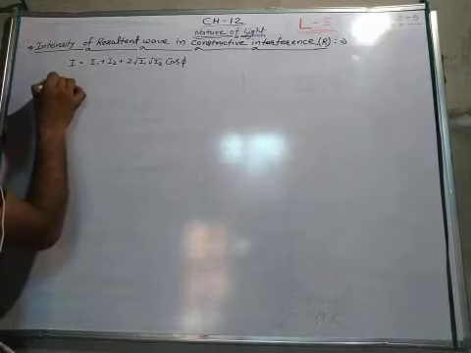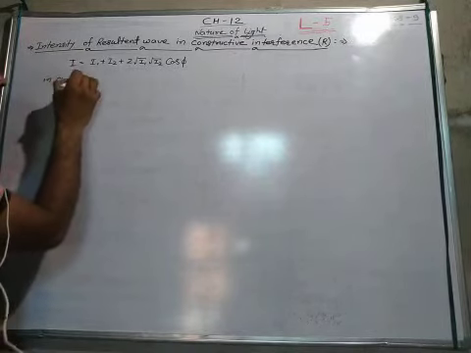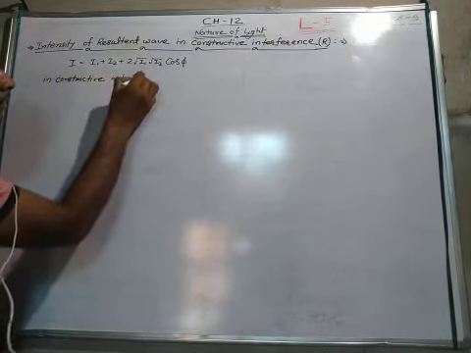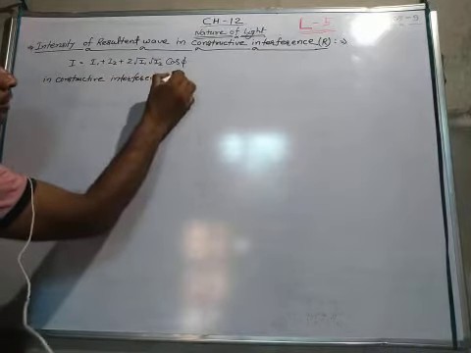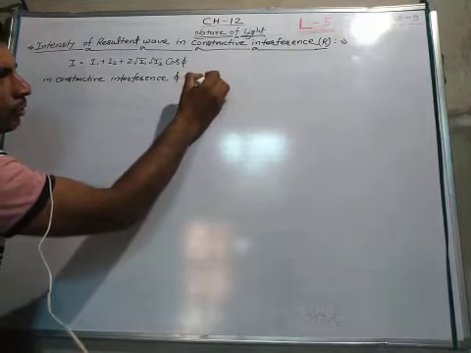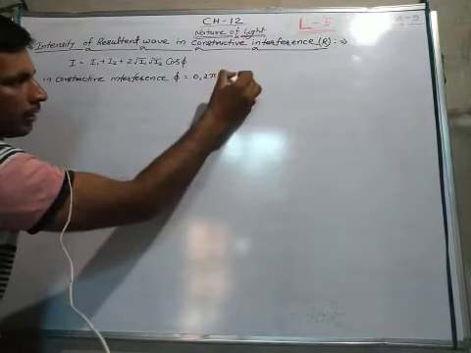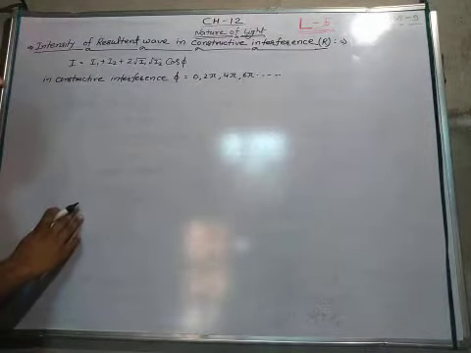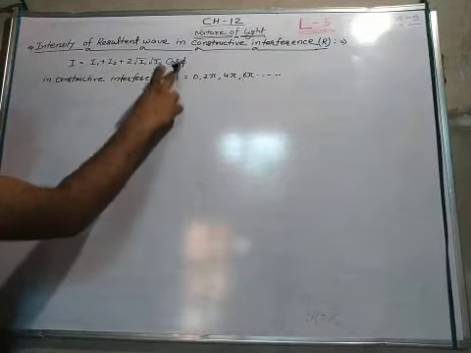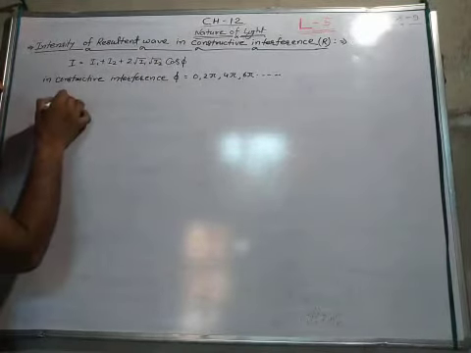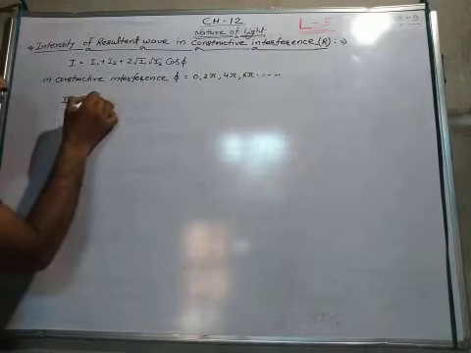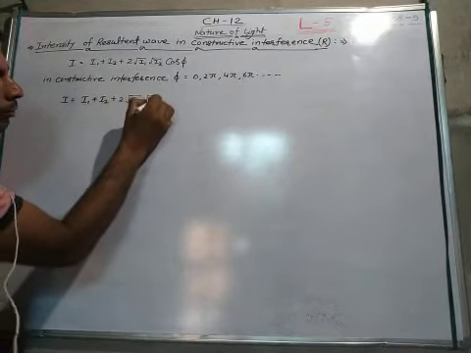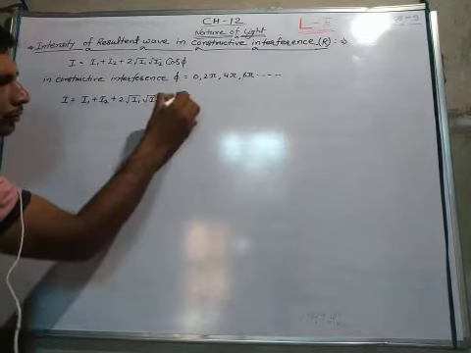In constructive interference, phi is equal to 0, 2 pi, 4 pi, 6 pi, and so on. Now we use 0 in place of phi, then I is equal to I1 plus I2 plus 2 root I1 root I2 cos 0.